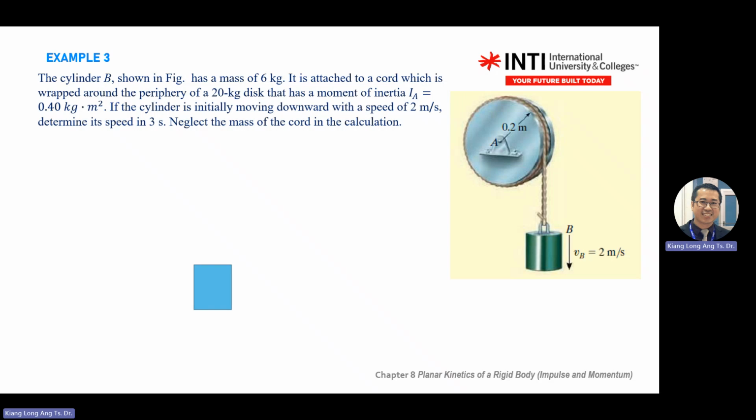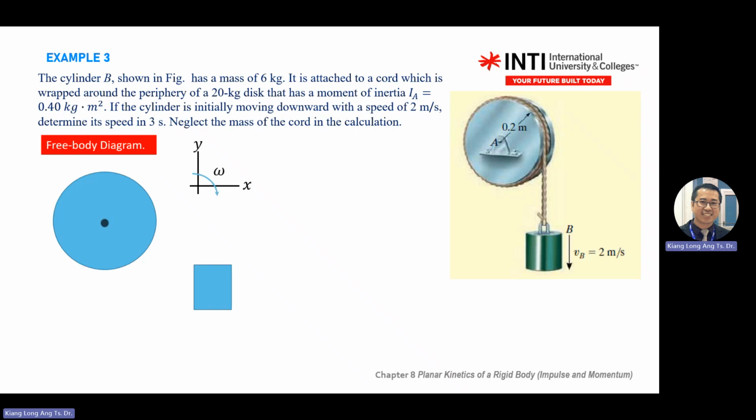So ignore the cord. Draw the free body diagram, same axis, x left positive, go up positive. In this one, you know that it rotates clockwise, so omega clockwise positive. Mark A, copy radius, put in the tension cable, pull down. Basically, it's the same as example 2.